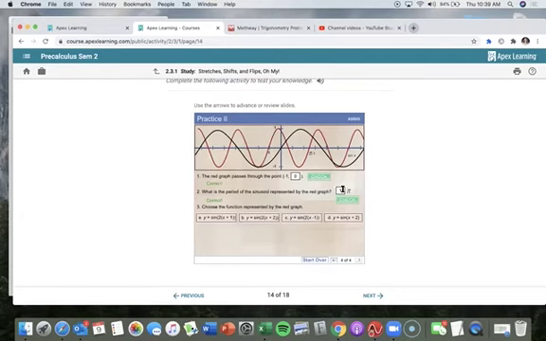Since it's 1 pi, we know that the value we need to multiply by is going to be a 2. So we're stuck between one of these first ones here. We know that we have to multiply by a value of 2.